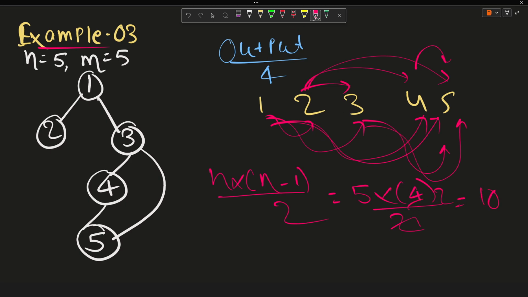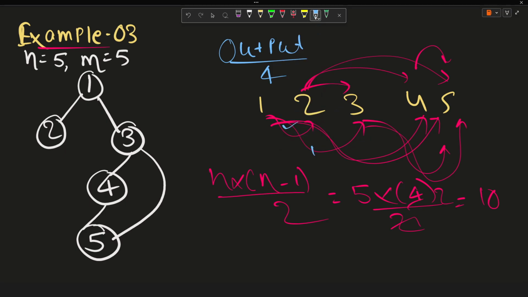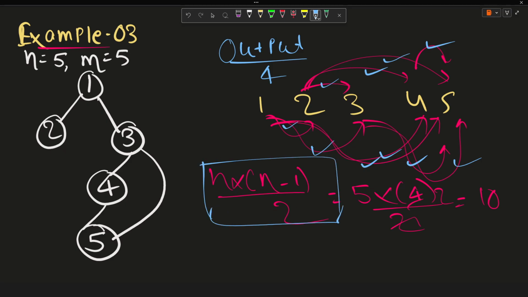And if you start counting the total number of pairs that I just told you, it will be 10 only. First, second, third, fourth, fifth, sixth, seventh, eighth, ninth, and then 10th. So the total number of pairs possible when everything is connected will be equal to n into n minus 1 divided by 2. Keep this formula in your mind, it will be used later, right?